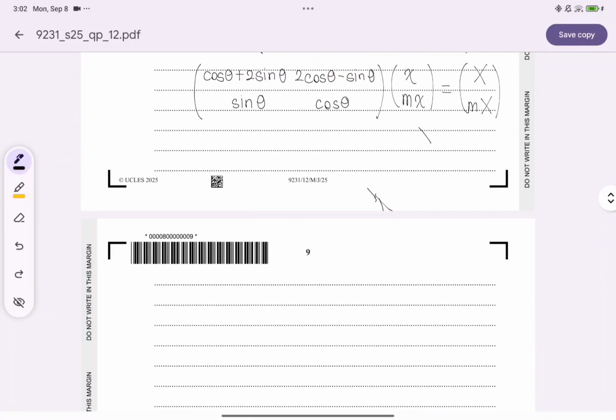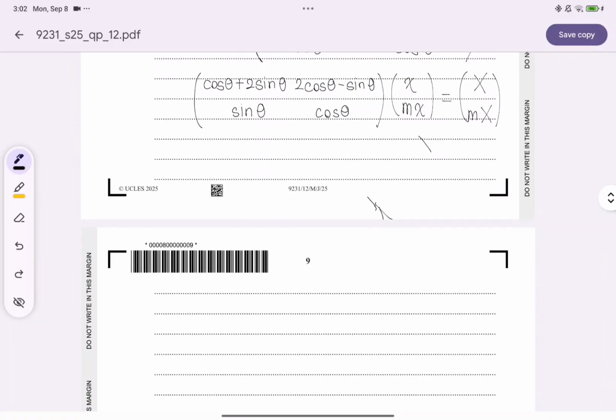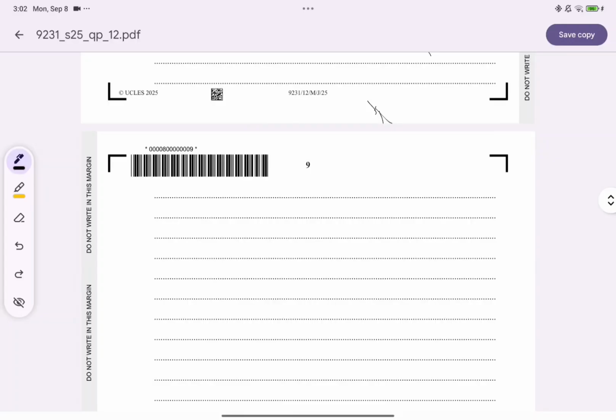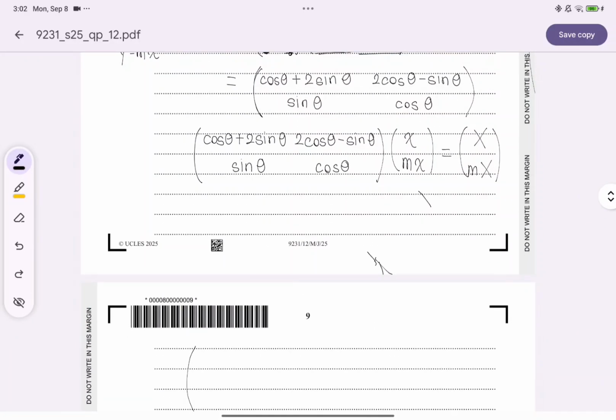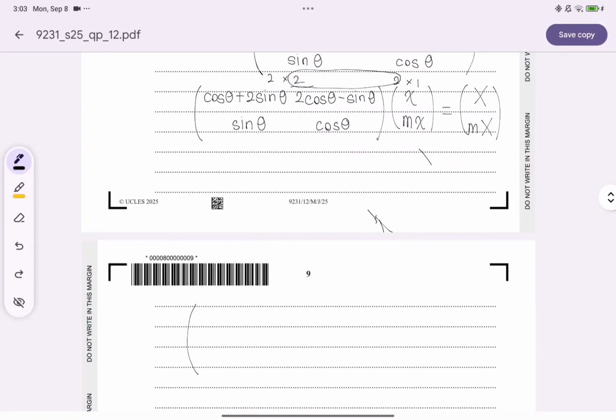Now let's simplify the left hand side. Let's multiply it again. This is a 2 by 2 matrix times a 2 by 1 matrix, and the resultant matrix will be a 2 by 1, so it'll just be a column vector.